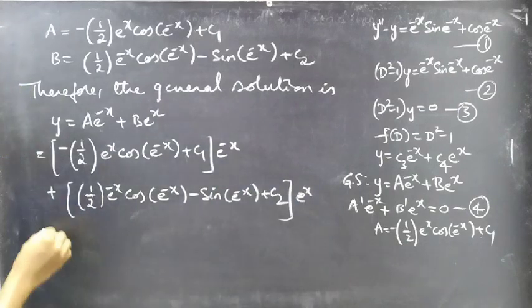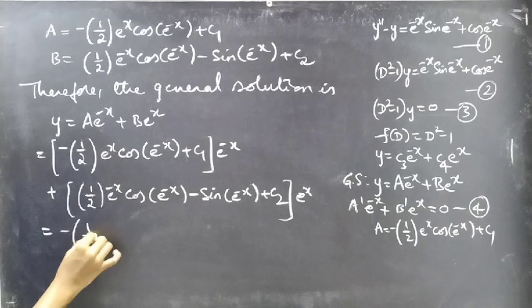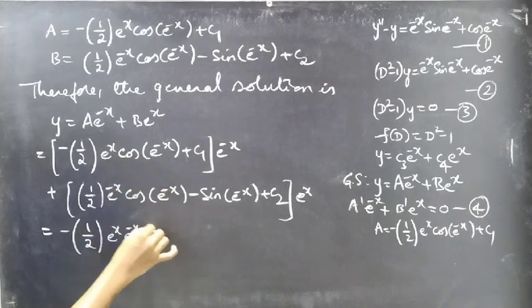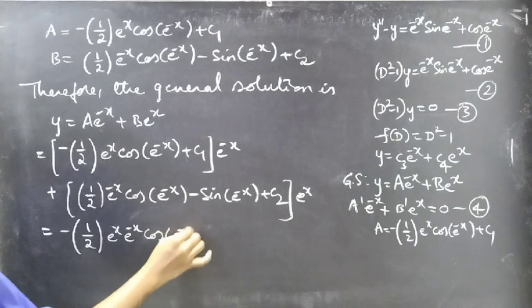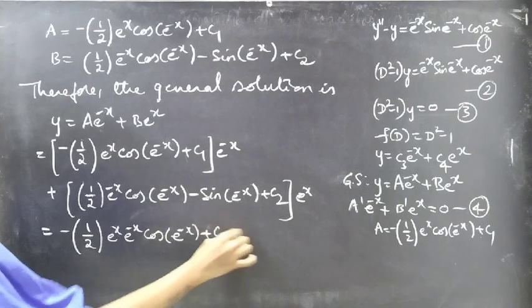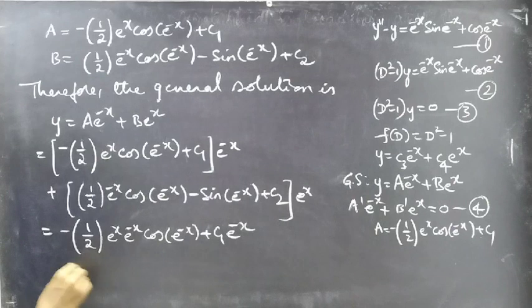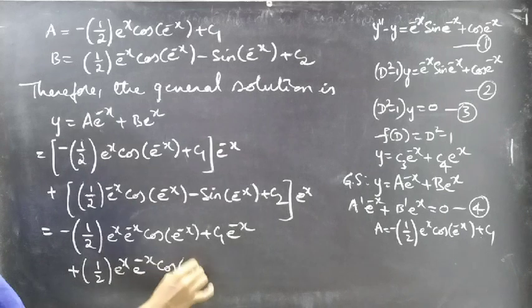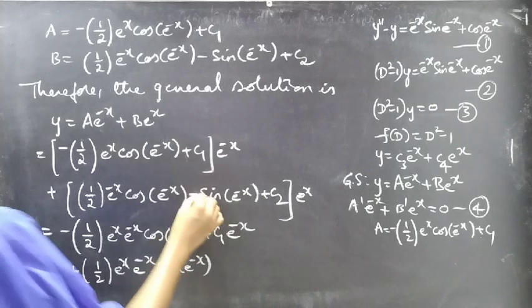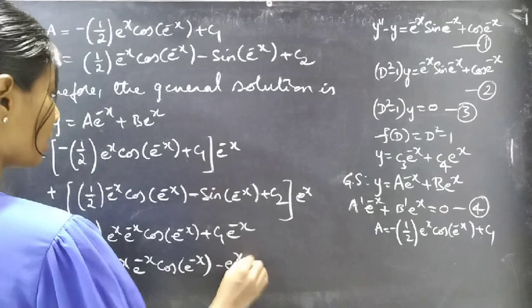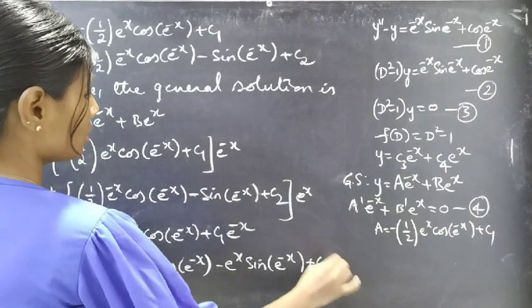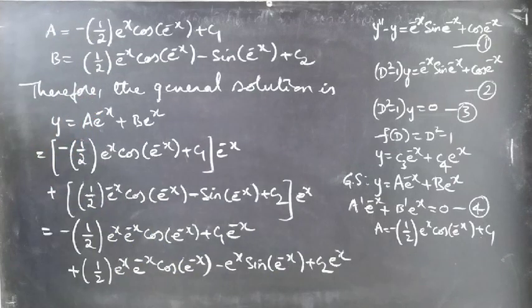which gives us minus 1 by 2 e power x into e power minus x cos e power minus x plus c1 e power minus x plus 1 by 2 e power x e power minus x cos e power minus x minus e power x sin e power minus x plus c2 e power x.